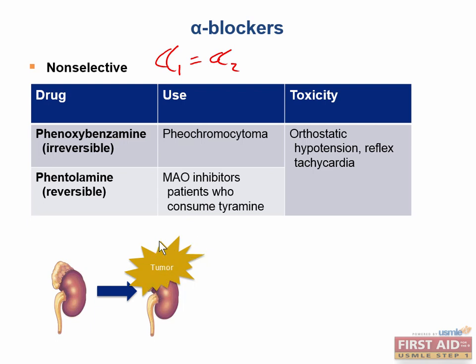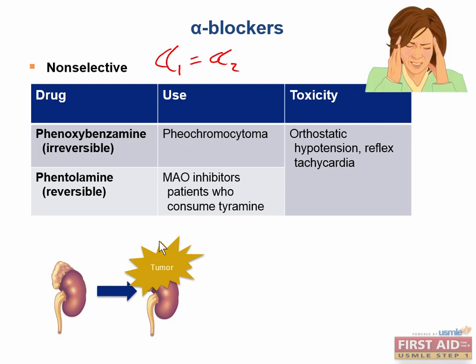A patient with a pheo is going to present with symptoms of a ramped up sympathetic system. Symptoms could be high blood pressure, heart palpitations, anxiety, sweating, or even, in this situation, headaches. So we now need to treat this patient's pheochromocytoma. Phenoxybenzamine is given prior to surgery to block the alpha receptors.